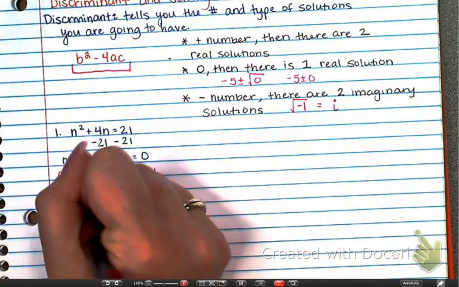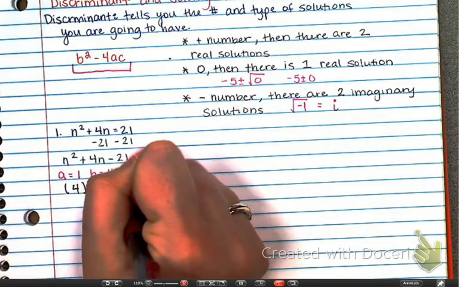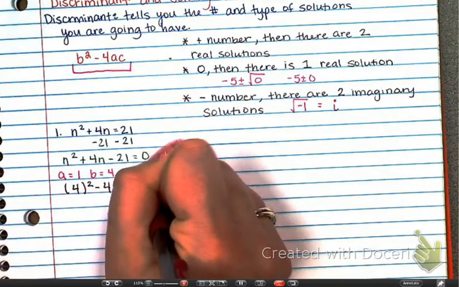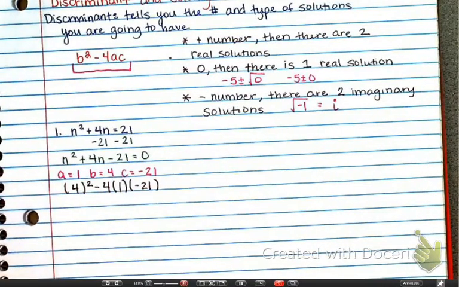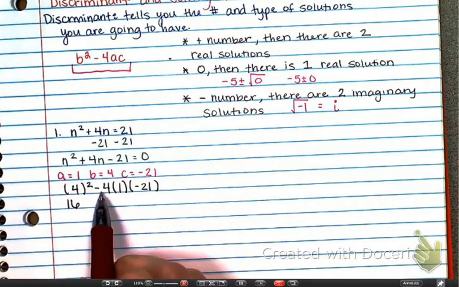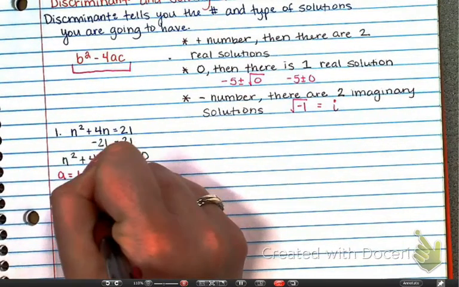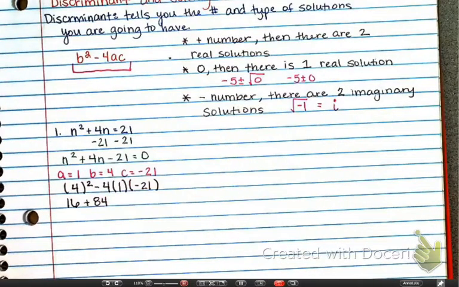So 4 squared minus 4 times A times C, and then we're going to solve that. 4 squared is 16. Negative 4 times 1 is negative 4. Negative 4 times negative 21 is a positive 84.